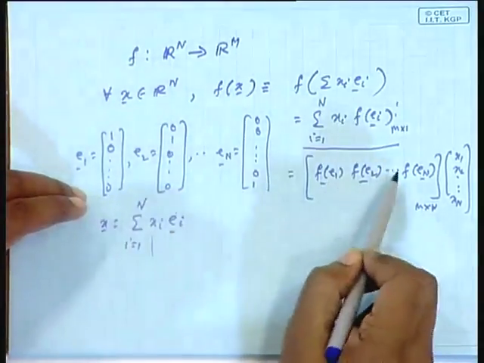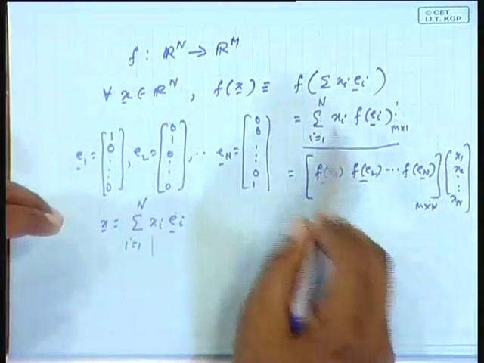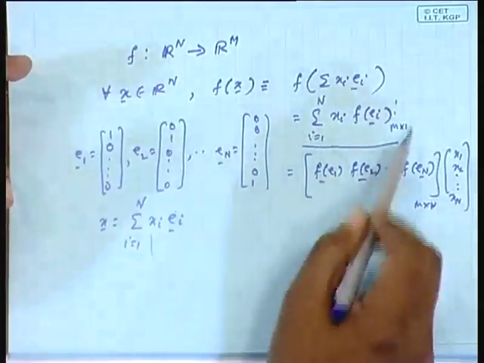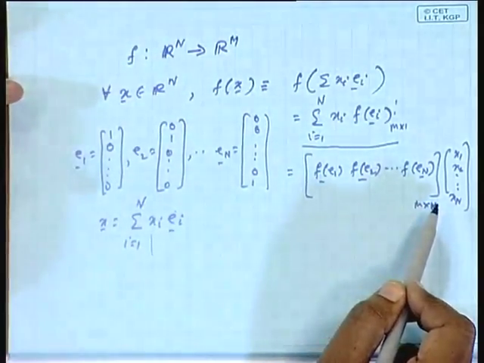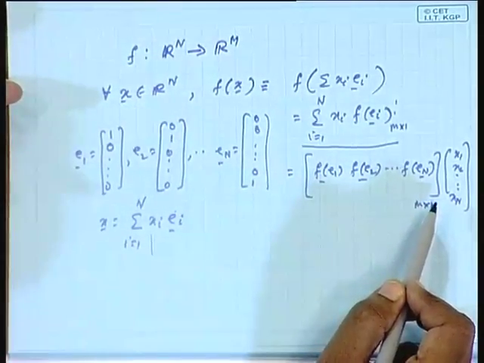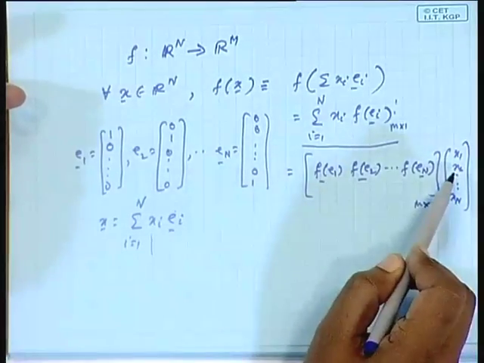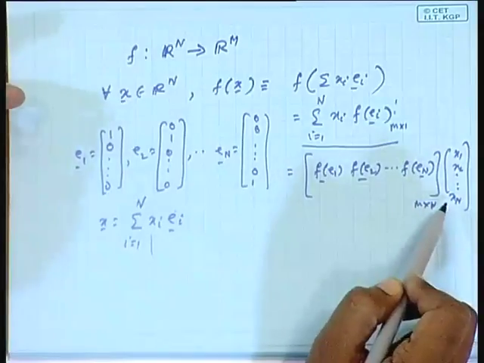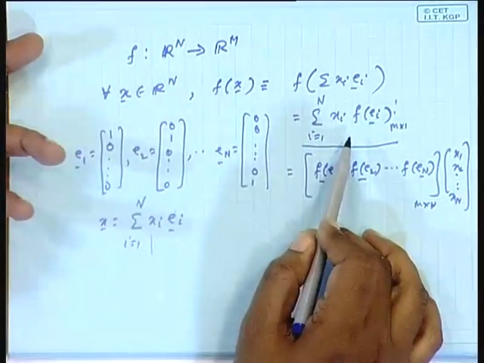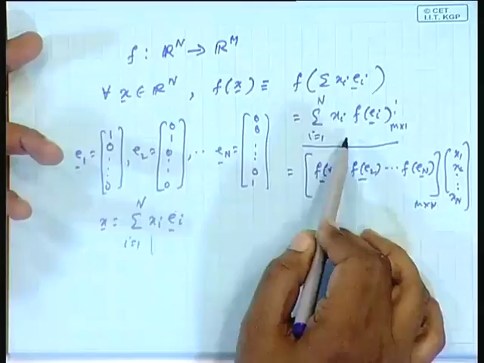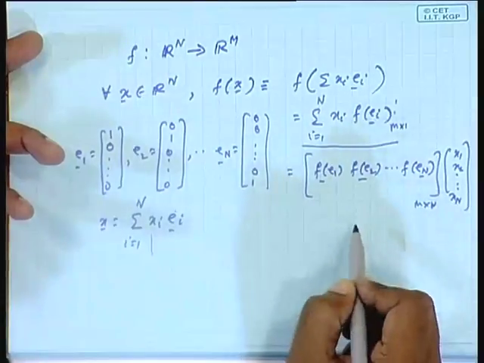You linearly combine the columns by the coefficients. Instead of writing in the summation form, I am writing in matrix vector multiplication form. This column times x1, this column times x2, dot dot dot, this column times xn, all get added. So the original vector remains here, and this is my T.